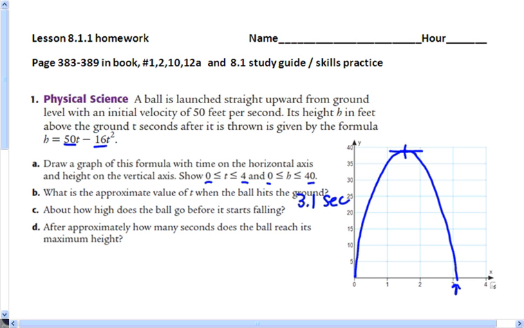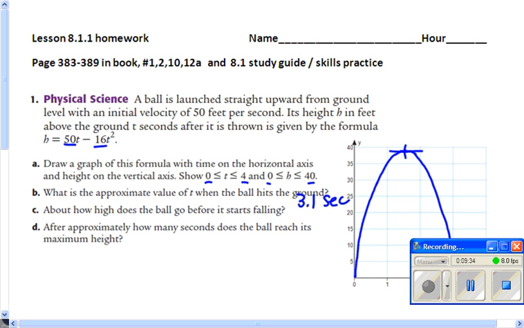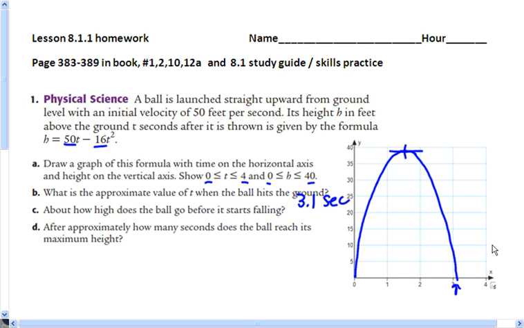One other thing you should know about the maximum: this is just a little piece of vocabulary you need to know. The maximum or the minimum is called the vertex, so the highest point. So about how high does this ball go? We found it's about 39 feet. After approximately how many seconds does the ball reach its maximum height? We found that was about 1.5.